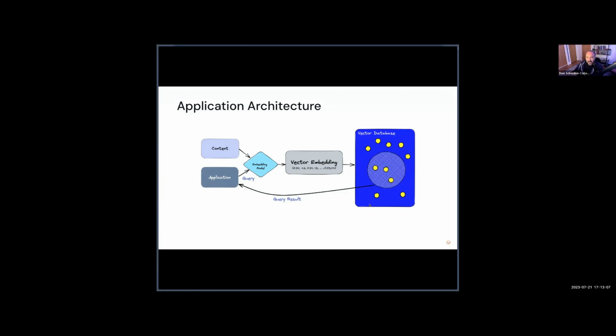The second phase would be the application. When an application wants to interact with that content, it will use the same embedding model that was used to create those embeddings in the first place to then retrieve the data back from the vector database. As you can see here, we're retrieving back the set of results similar to the one that we queried, and that will be the query result. Most vector database dependent applications require these two steps.